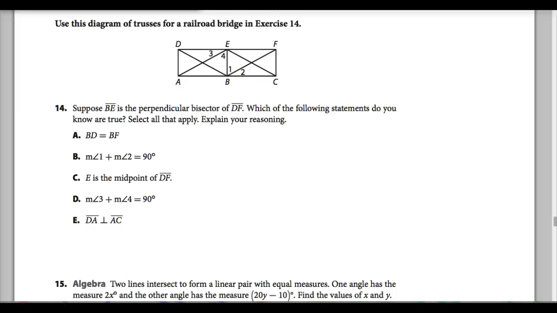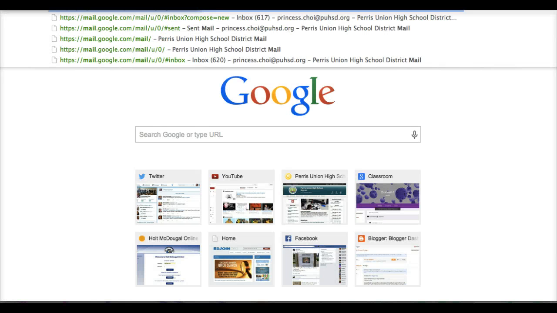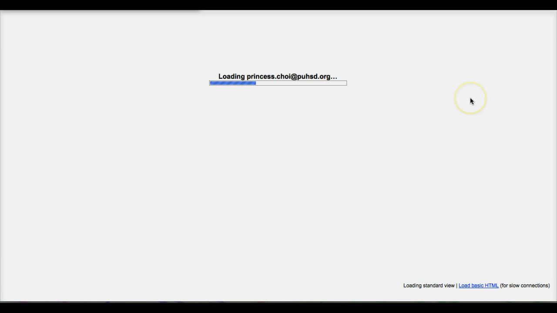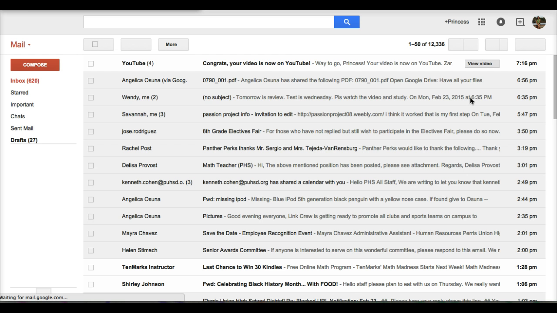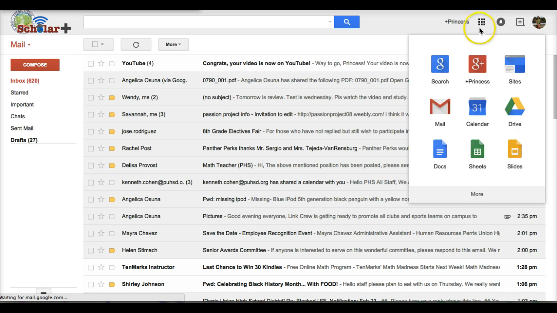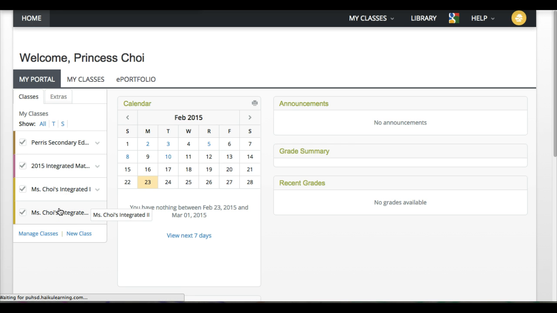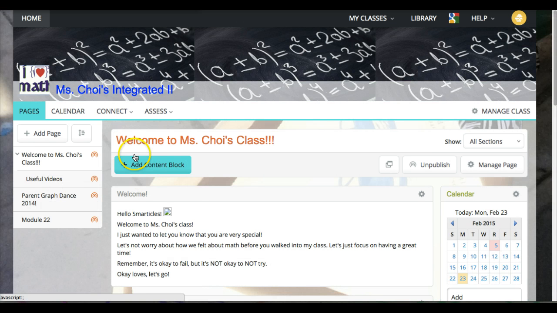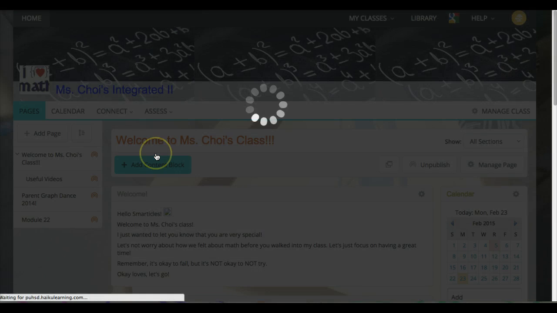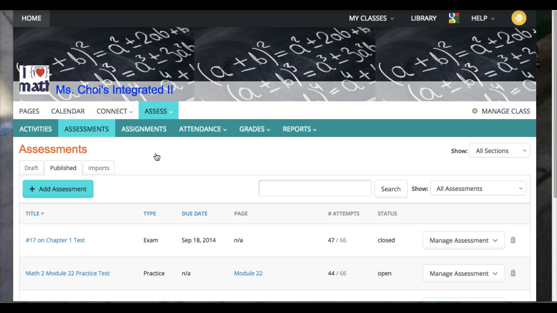What you have to do is go into your Haiku. For me, I usually go into my mailbox first, and then I click on the Rubik's Cube, scroll down, go into Haiku Learning, and then I go into Math 2, and then Assessments, right?